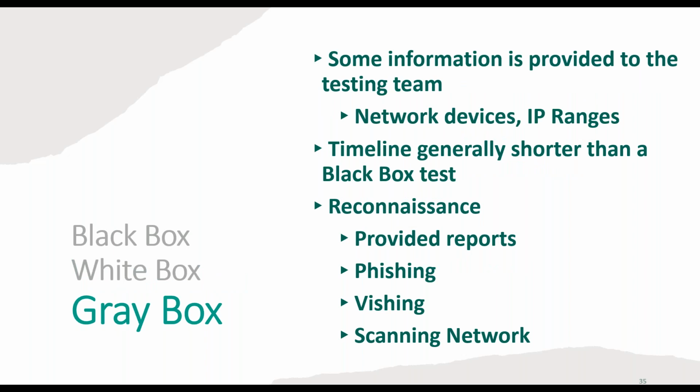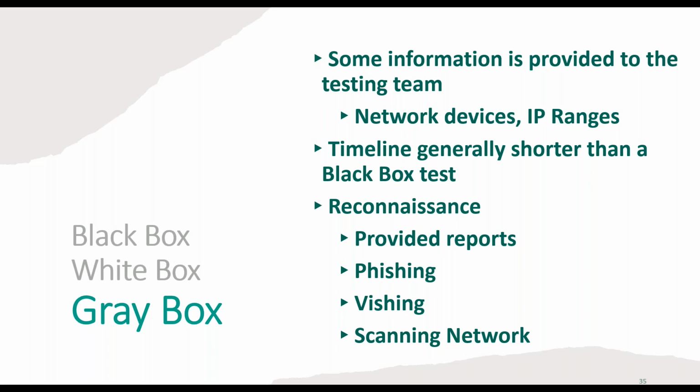So then we'll talk about gray box testing. This is, like it sounds, right in between the white and black box test. So some information will be provided to those pen testers. Could be the IP ranges, could be the names of the servers, possibly and most likely will include credentials, right?